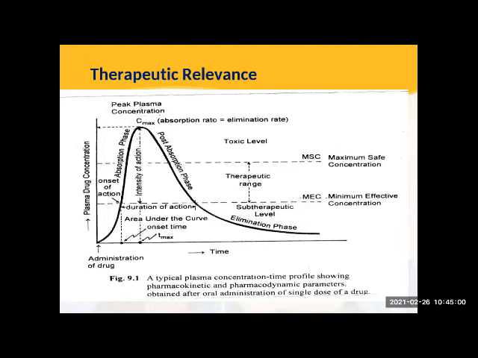At this particular point, the peak plasma concentration, the absorption rate is equal to the elimination rate. It means that the rate at which absorption of drug is happening is the same as the rate at which elimination of drug is happening, and the time at which the peak plasma concentration, Cmax, is achieved is called Tmax.